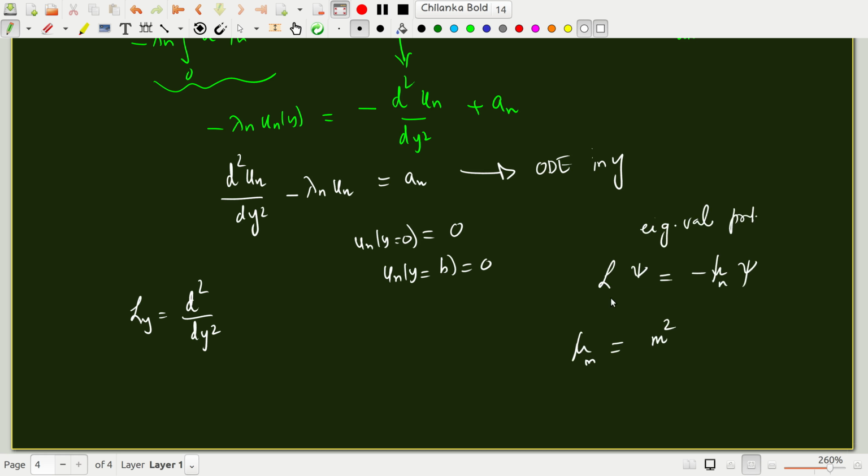Let's call it mu m: Ly psi m is minus mu m psi m, where mu m is nothing but m squared pi squared by b squared, and psi m's are nothing but root 2 by b, similar to what we did, sine of m pi y by b.